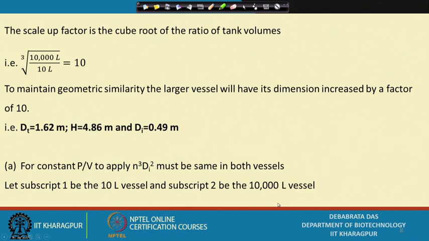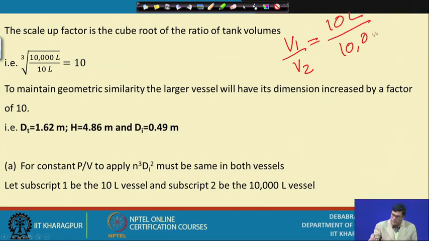Now next is the 10,000 liter reactor. Am I right? So you know the scale up. How can you find that? I told you that V1 by V2 is equal to what? V1 is 10 liters and V2 is 10,000 liters. So I can cancel it, so it is 1000. So this is 1 by 10 to the power 3.